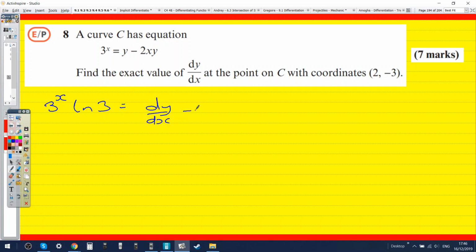Minus, in brackets, 2x dy by dx plus 2y dy by dx. Wait, no, not dy by dx.